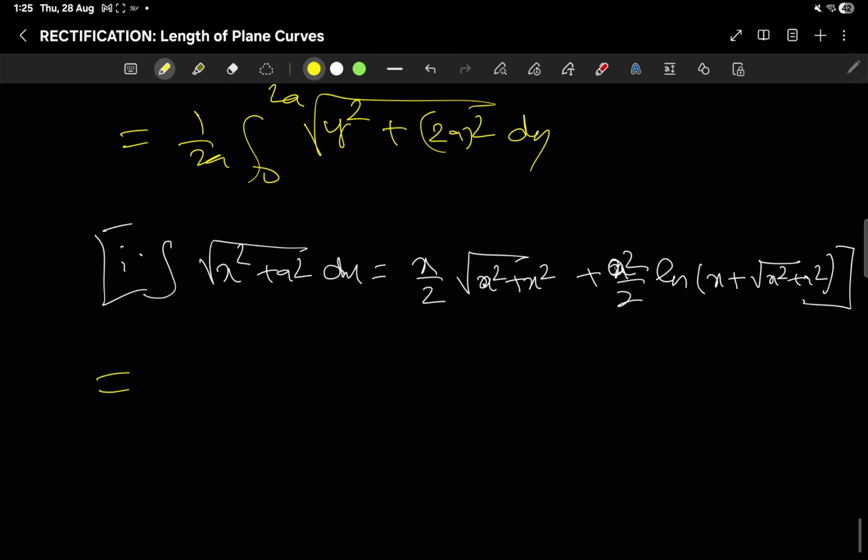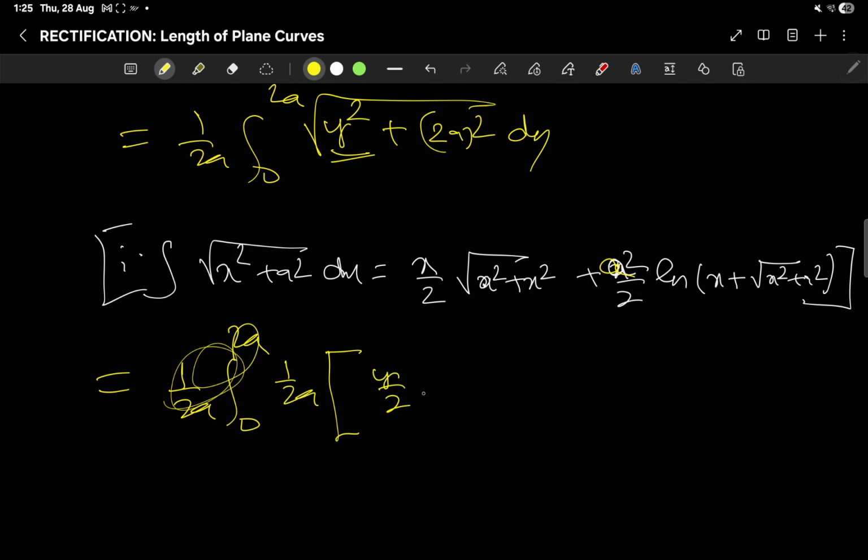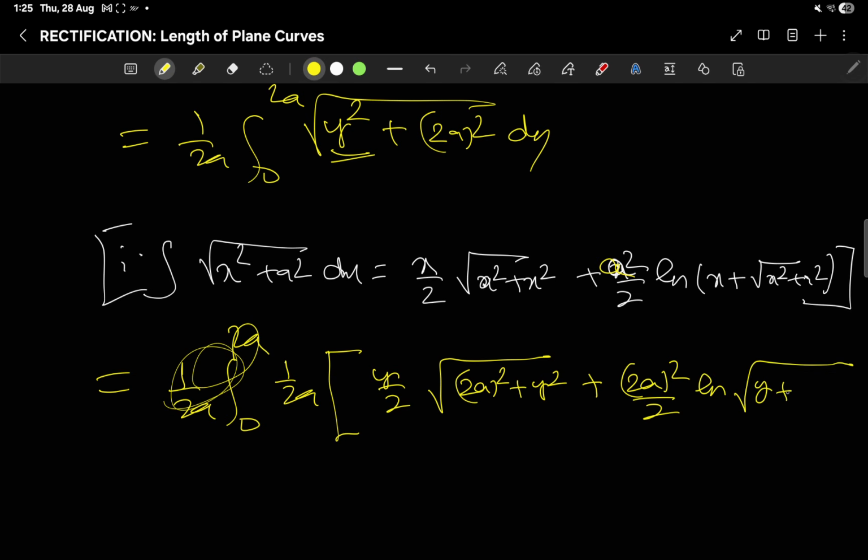In this, s is 2a. So this will be 1 by 2a integral from 0 to 2a. After integration, it will be 1 by 2a times: y by 2 times root of (2a) whole square plus y square, plus (2a) whole square by 2 times ln of y plus root of y square plus (2a) whole square, with y from the limit 0 to 2a.